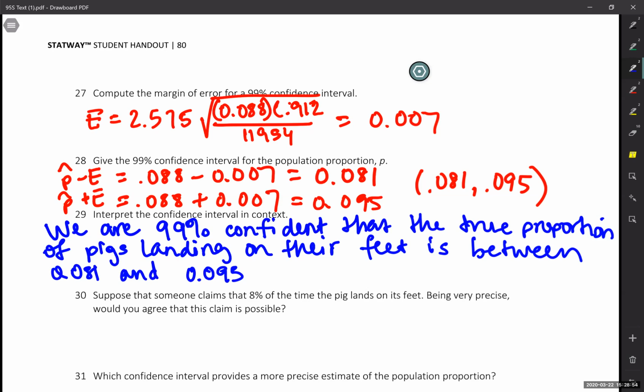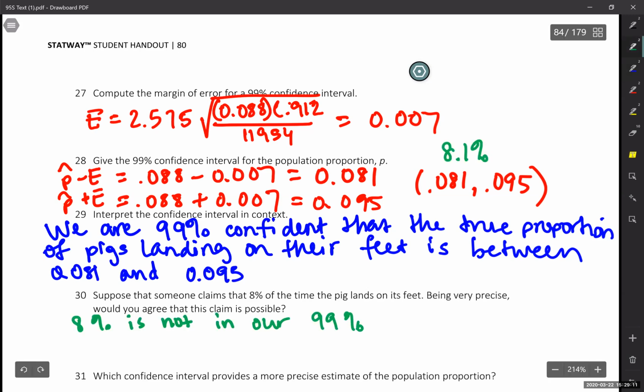So 8% is not in our 99% confidence interval.